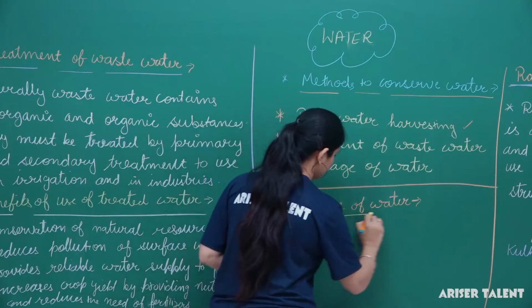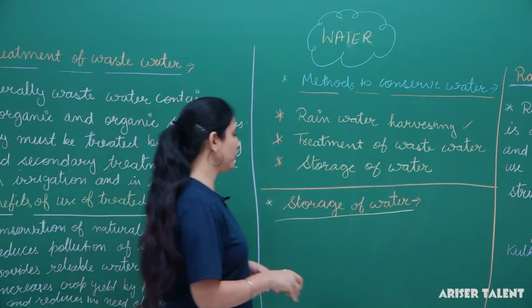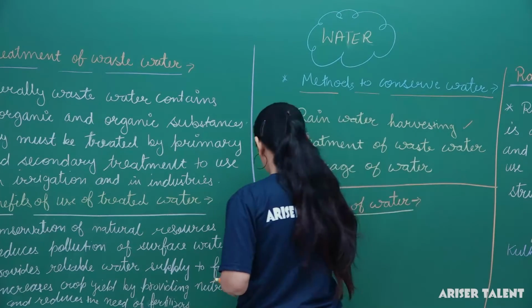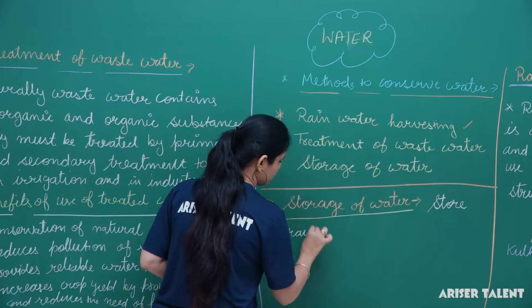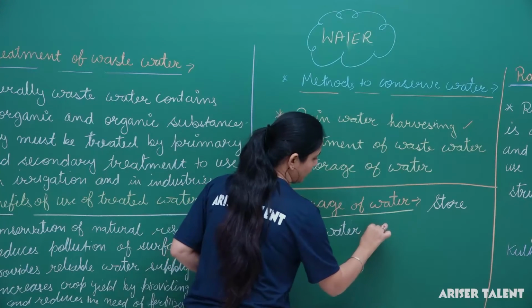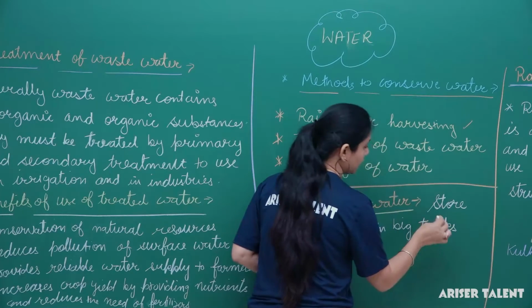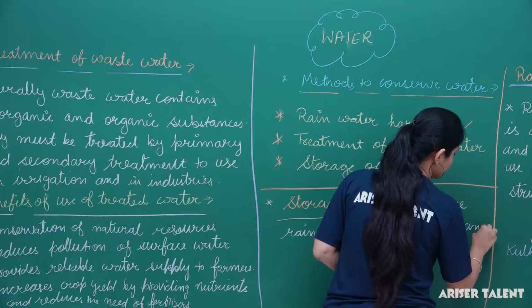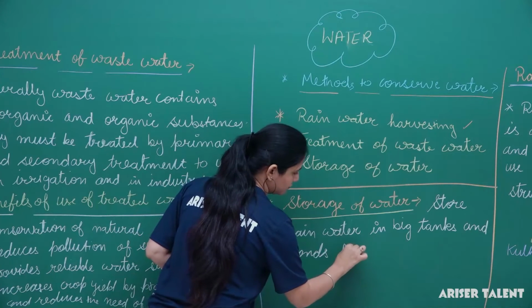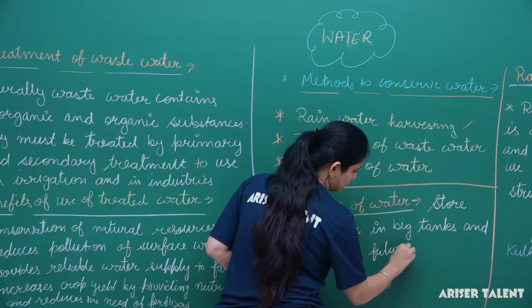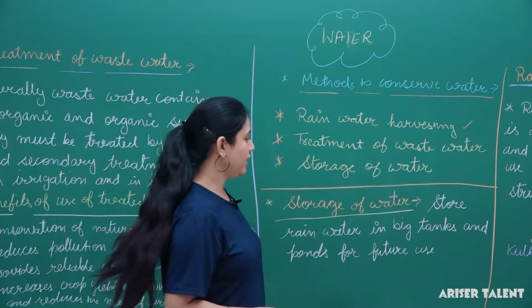We can do it by storing the rainwater in big tanks or in ponds for future use, or we can use it for the different activities done by the villagers or farmers.